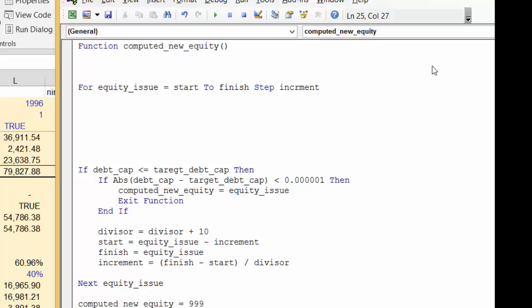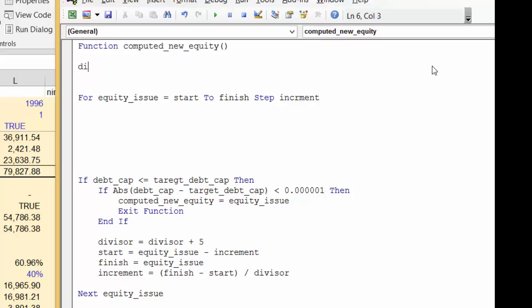Now, maybe 10 is too much, so I'm totally afraid of Excel breaking, and I don't think this is whatever caused Excel to break. Let's start with a really big divisor. Equals 5, okay?